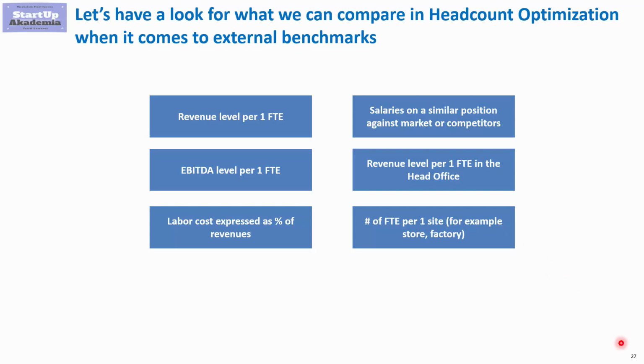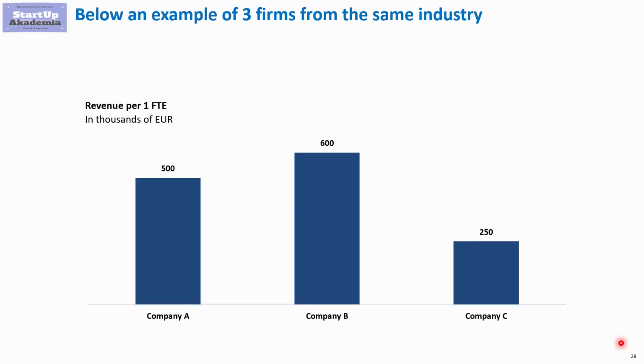So let's have a look at a short example of benchmark comparison when it comes to external benchmarks. Let's imagine that we are comparing three firms and we want to see what the headcount reduction is. So in this case, we have companies A, B, and C, and we have calculated the revenue per one FTE. Obviously, the higher the revenue per one FTE, the better.